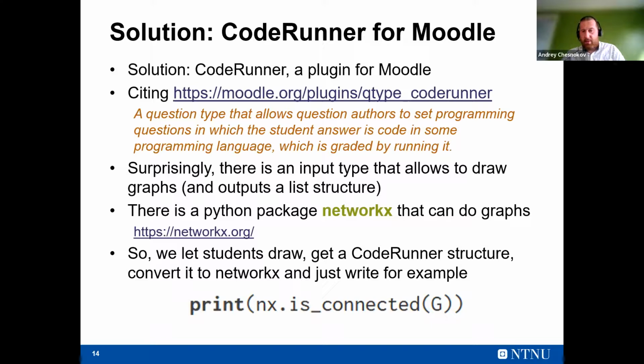So we have installed all this on this Jobe server that runs the Python code. And then we let students draw, and then we get a Python structure from CodeRunner, and then we send it to NetworkX, and then we can just write something like this to assess whether the student's graph was connected or not.